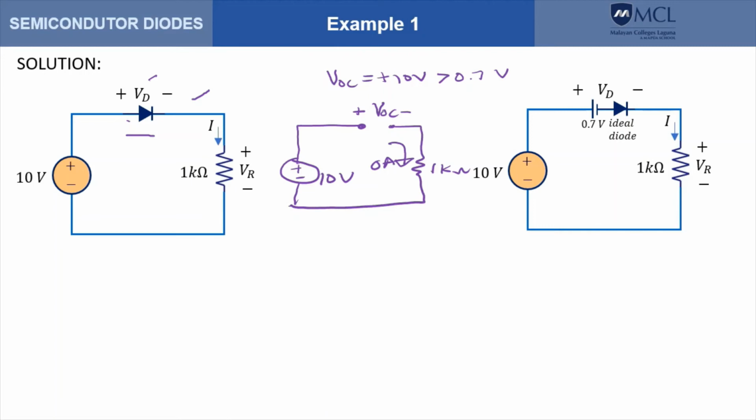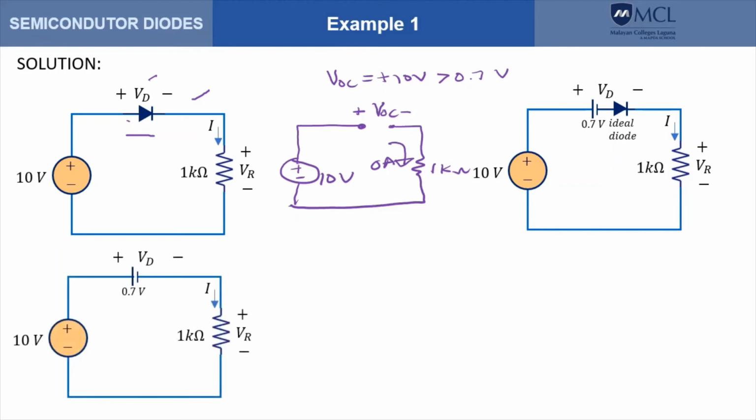And since we are talking about an ideal diode, and this diode is in forward bias, I can replace the ideal diode with a short circuit, and that should further simplify the circuit as something like this.